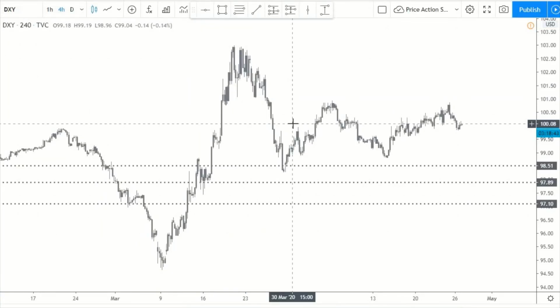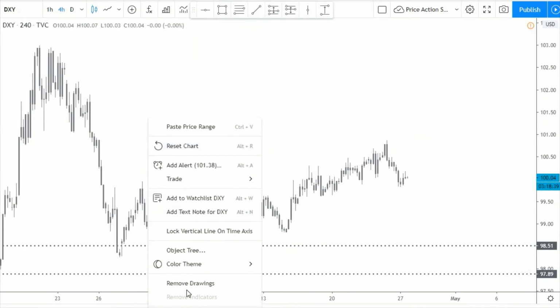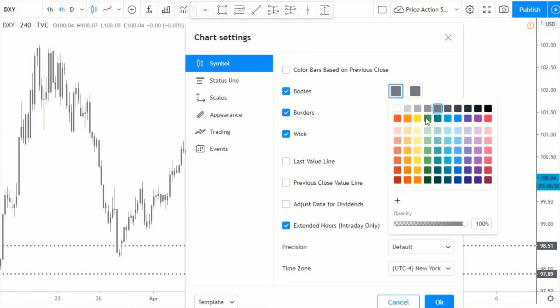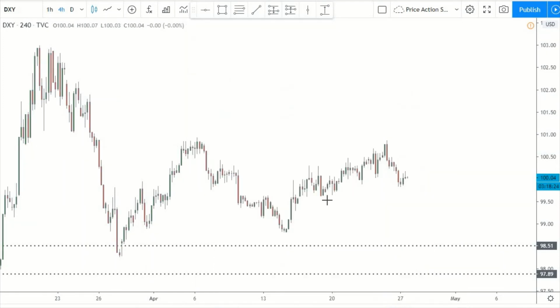Sorry about my black candles. I don't use colors to trade, so let me put it in green and red, just to satisfy you guys.